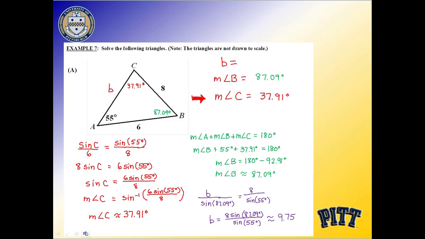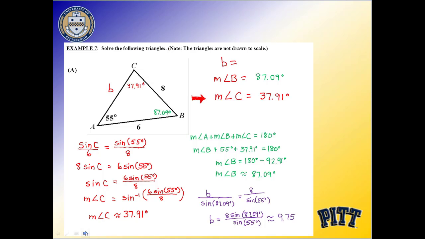Now, in each one of these cases where I'm using the calculations, when I'm using the 37.91, the 92.91, the 87.09, I'm writing only a couple decimal places, but each one of these had more decimal places. I just rounded it to 2 decimal places. I'm using all the decimal places my calculator gave me, so keep that as a side note.